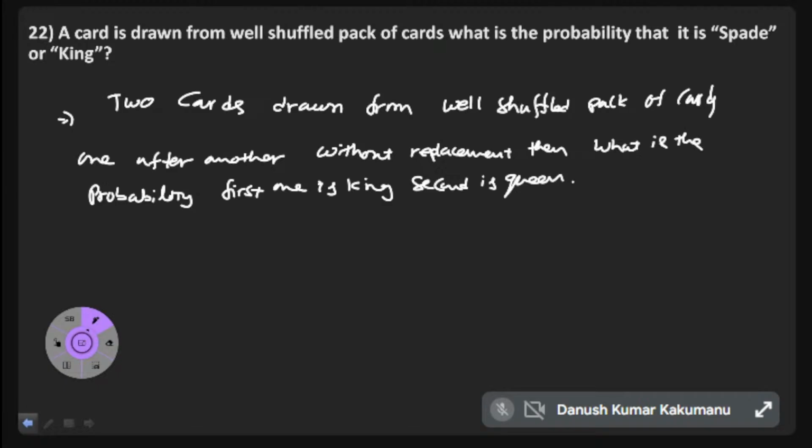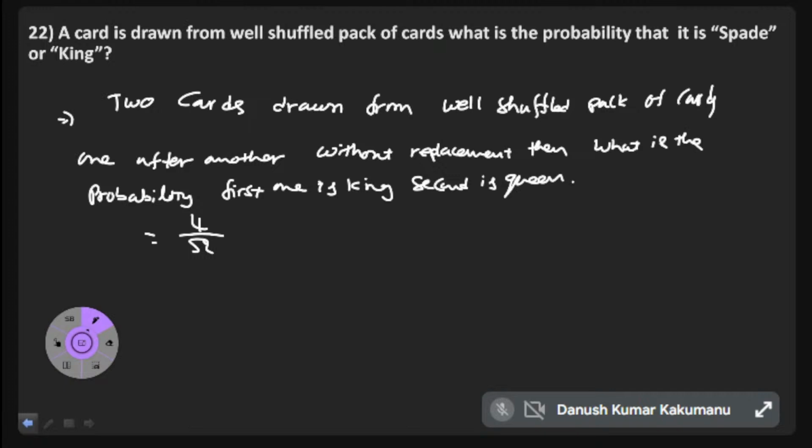With replacement or without replacement? Without. Just tell me first of all, what is the probability the first is king? How many king cards? This is 4 by 52. Now, while drawing the next card, what are the total cards? 51. This card is not replaced, so 51.